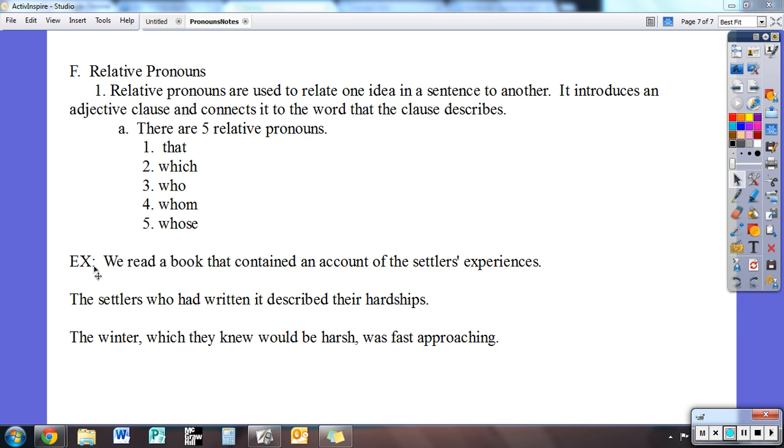So let me show you some examples down here at the bottom of the page. The first sentence: we read a book that contained an account of the settlers' experiences. Well, out of the 5 choices, I can identify the pronoun that, so I'm going to highlight it.